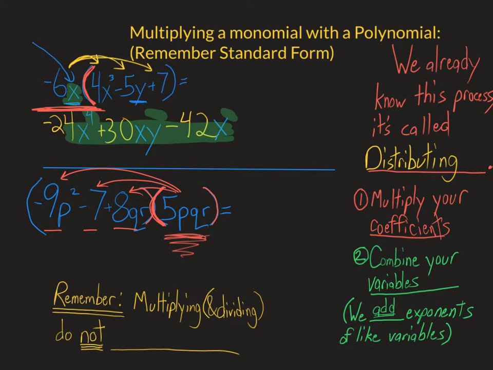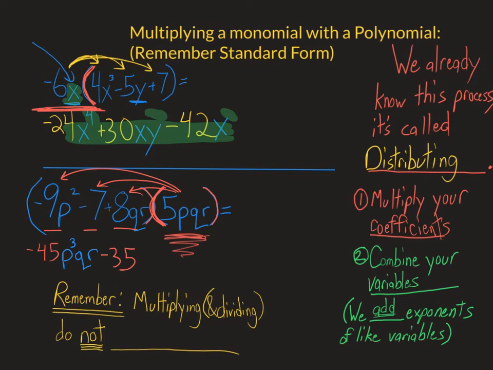Just going to do that 3 times. So we've got 5 times that negative 9, negative 45. And I've got a PQR with a P squared. So that's going to be a P cubed. And then that QR just have to be copied in because they are part of that distributing term. 5 times that negative 7, negative 35.